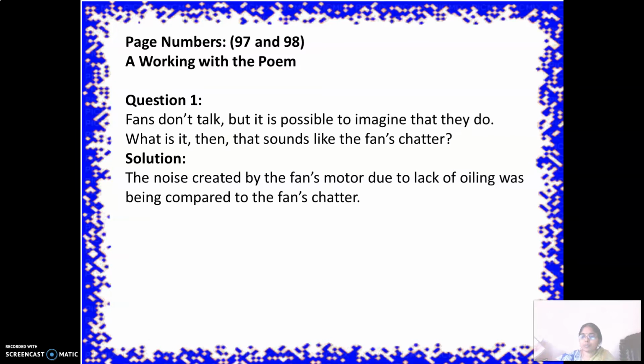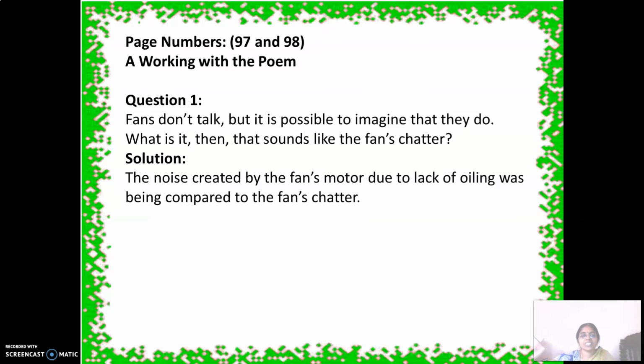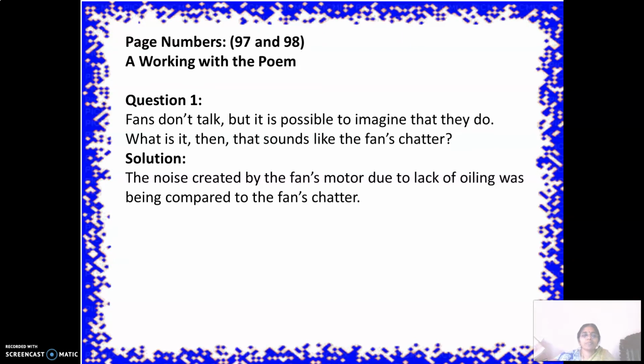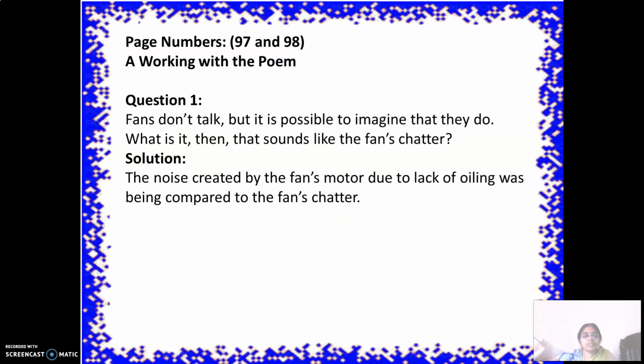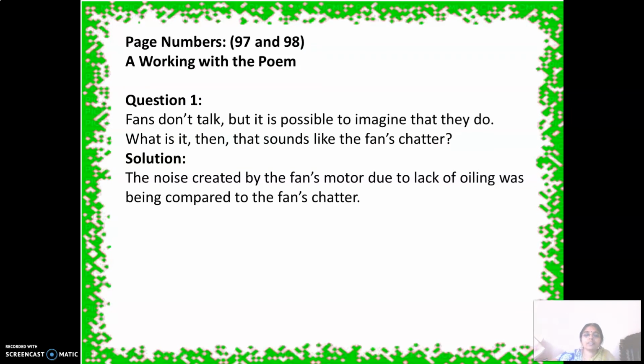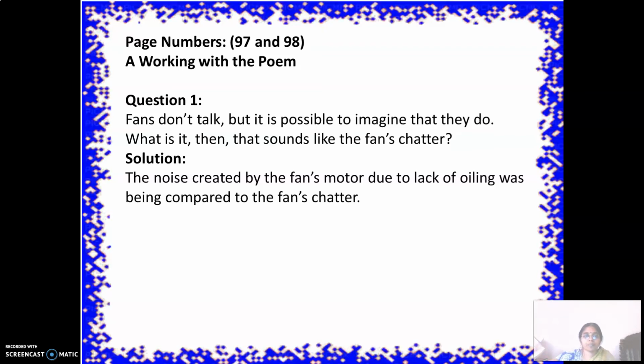So working with the poem, these are the question and answers, book back answers. We'll discuss that and you can write on your own. Question number 1. Fans don't talk, but it is possible to imagine that they do. What is it then that sounds like the fan's chatter?